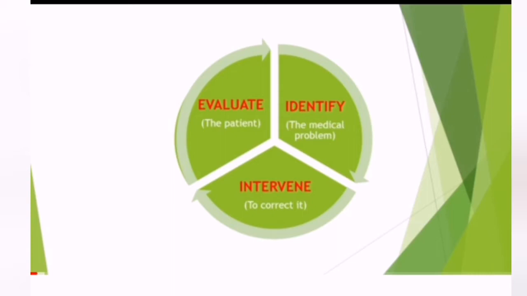If his age is below 1 year, his systolic blood pressure is supposed to be below 70. And if the age is between 1 to 10 years, his systolic blood pressure is supposed to be above age times 2 plus 70.